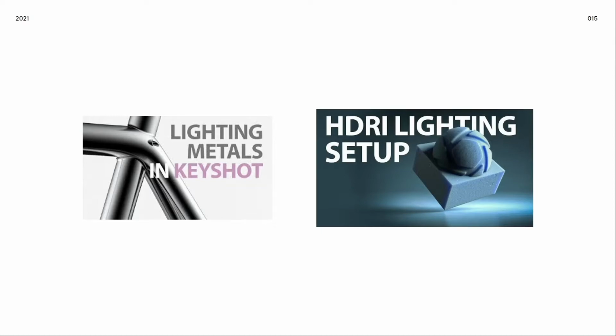And I normally use HDRI lighting just because it's a lot more flexible. And so watching his tutorial on HDRI lighting is also really going to be helpful when learning the general foundation to that type of lighting.